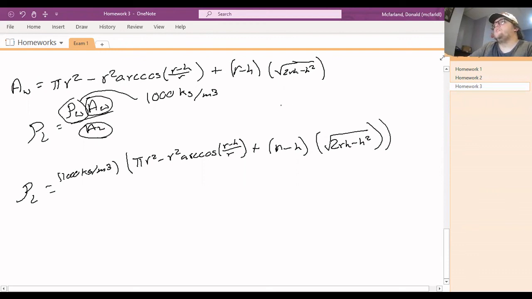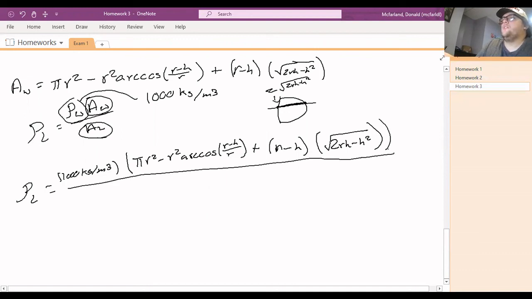Or in other words, this point from here to here. Or, well, half of it, I mean. All of this over the area of the log, which is pi r squared.